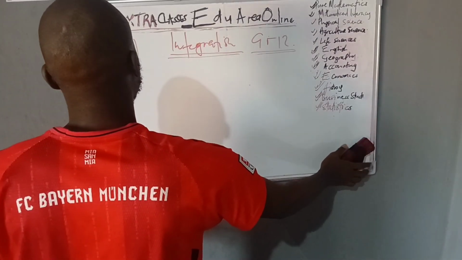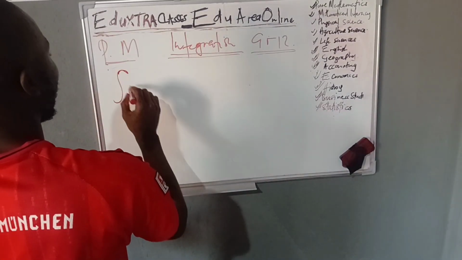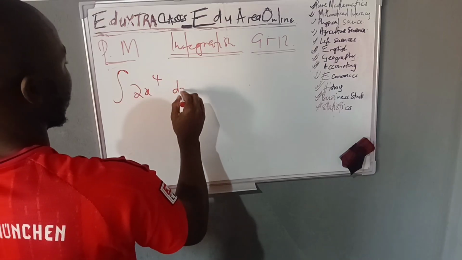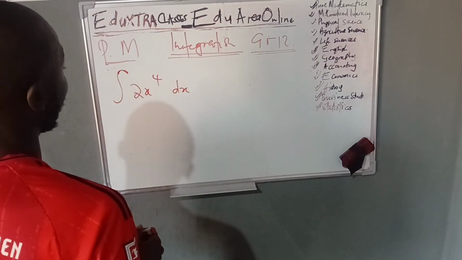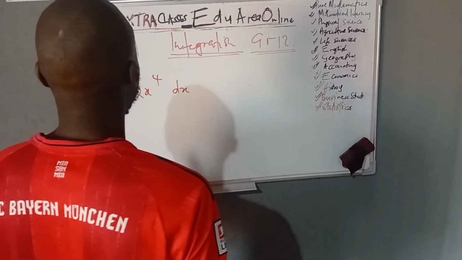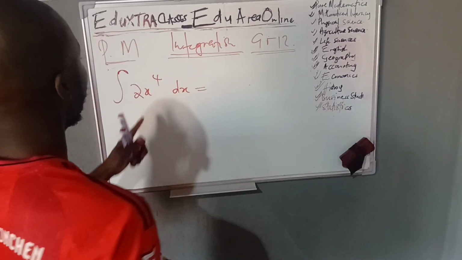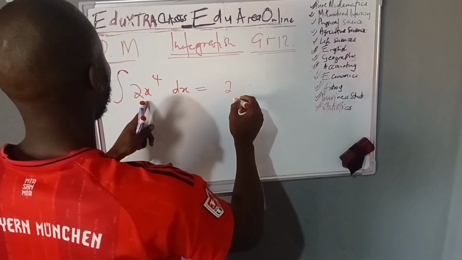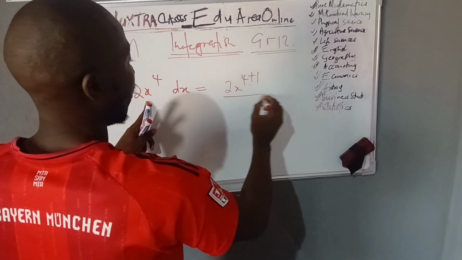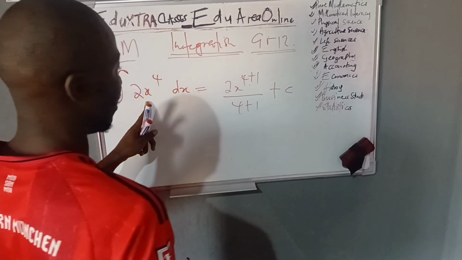So let's use a practical example. Let's say the integral of 2x to the power 4 dx. So we want to find the integral of 2x to the power 4 dx. So how do we find this? That means we are supposed to say 2x to the power 4 plus 1 over 4 plus 1 plus c, the constant that we want.